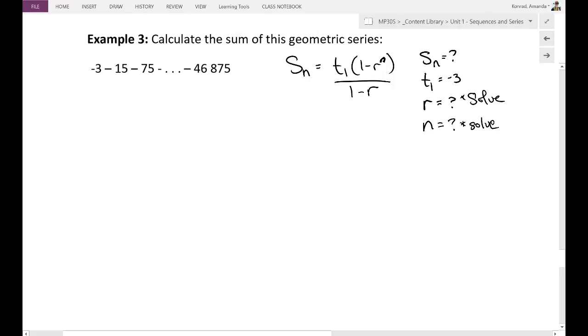So we're going to have to solve for both r and n. R is relatively easy. Remember that to solve for r, our common ratio, we take the later term divided by the previous term. So we've got negative 15 divided by negative 3. So r is positive 5.